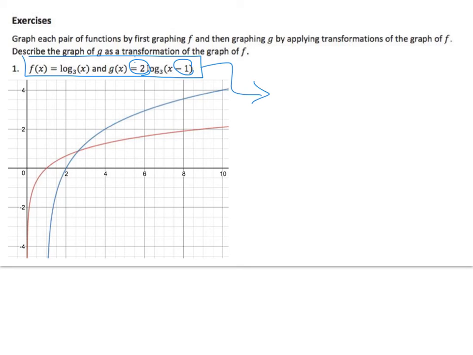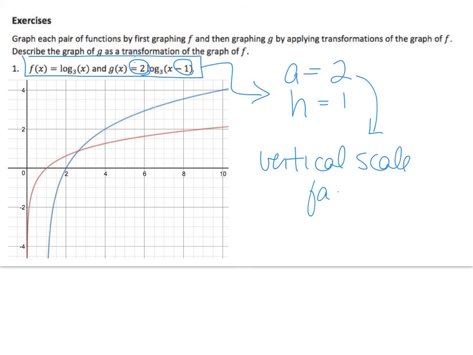If I go back to my general form of the log function, a in this problem is 2 and h is 1. So it tells me exactly what's going on, right? This tells me I have a vertical scaling by a factor of 2.